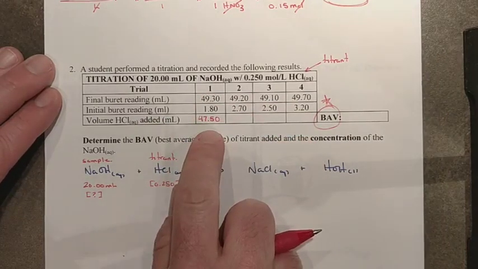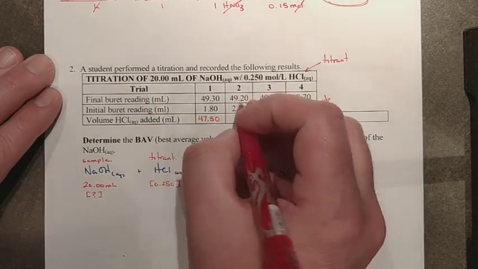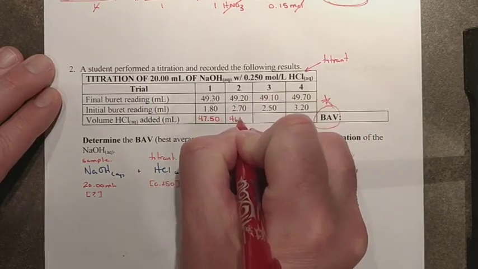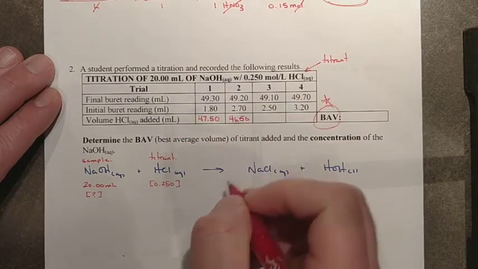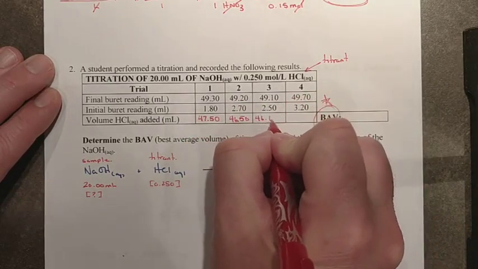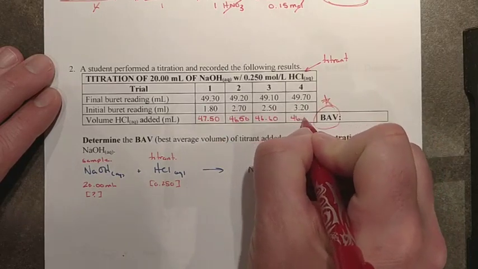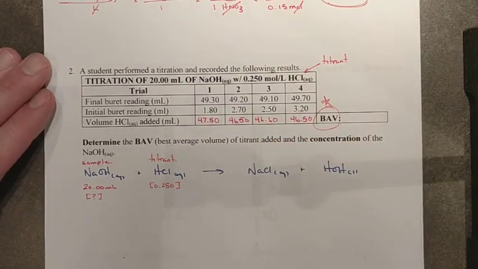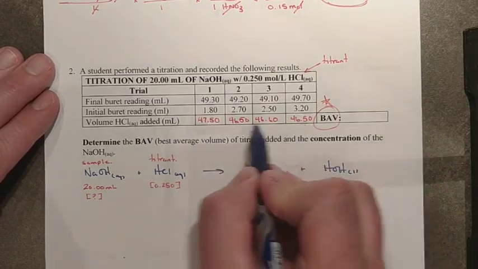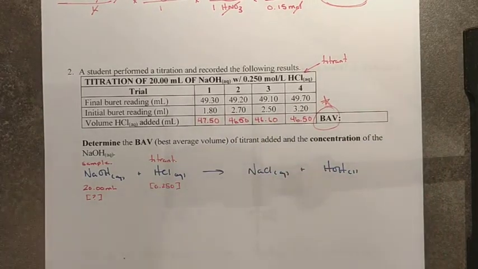In the first trial, we added 47.50 milliliters of HCl. In the second, 46.50. In the third, 46.60. And in the fourth, 46.50.